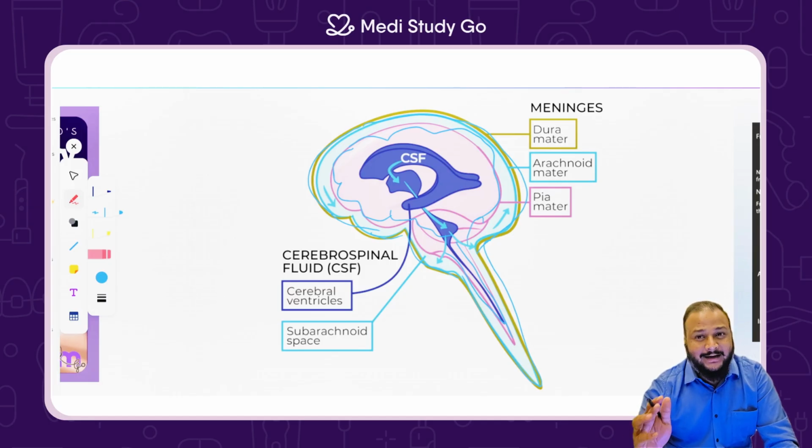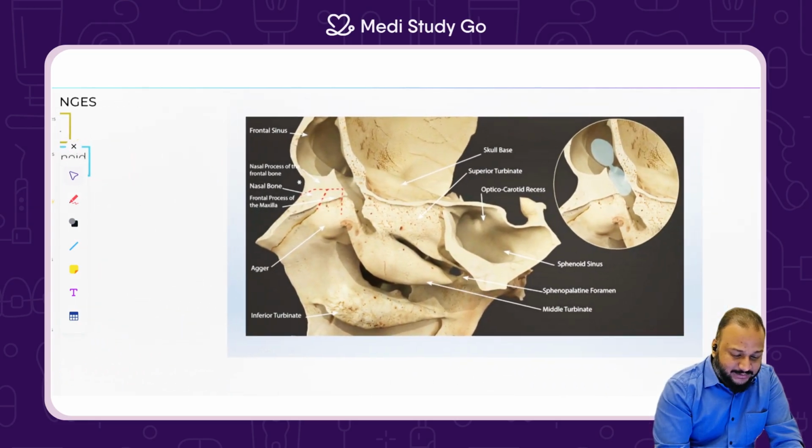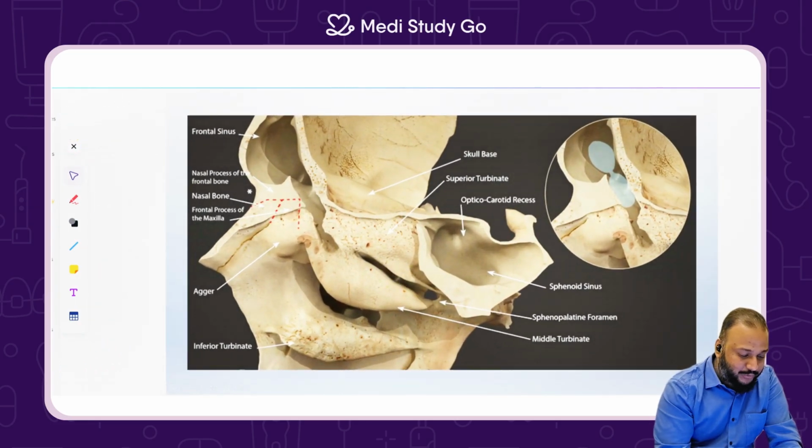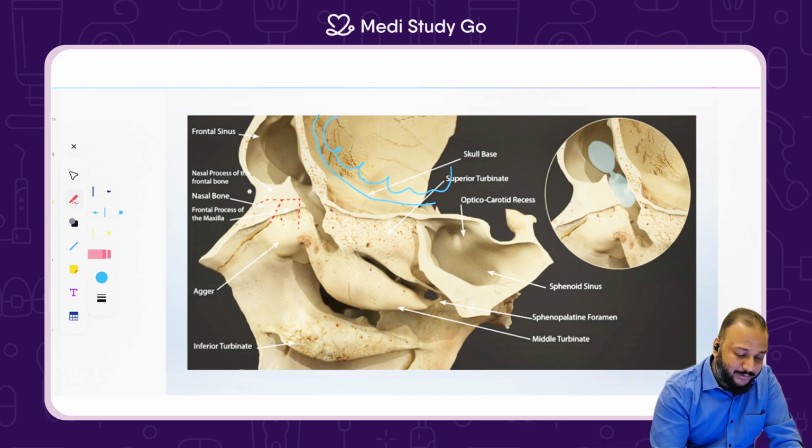If that has been duly noted, let me take you to the osteology of this. This is a very simple diagram where I'm going to show you how you're going to have a CSF leak. For example, this is your brain and this is your dura right outside covering it. Now what you see over here is a small spine-like tissue.